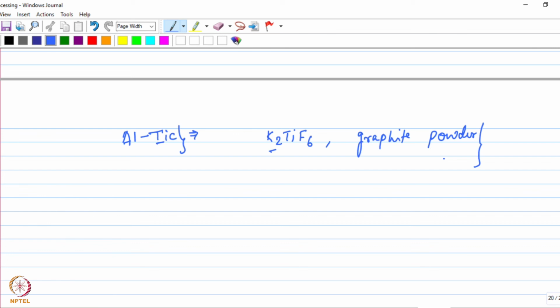So the reaction could be as follows. First you have these ingredients added to the molten aluminium. As I said, there will be first a reaction between titanium and aluminium. In the first step, titanium will be released from the K2TiF6 salt.